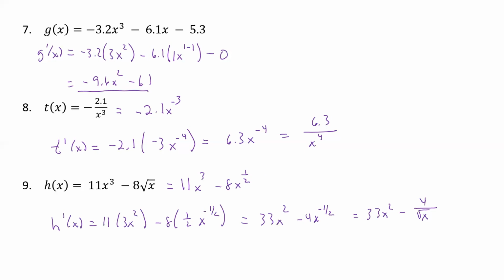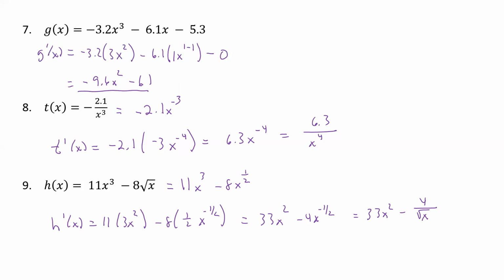I could have that, or I could leave it as the negative 1/2, or I could put it over x to the 1/2. It kind of depends on how you want to look at it, on what you want to do there. But that's, I think, what I would do as far as my final value there. I would have the 4 over that radical 2, and that should be good as far as your final answer.